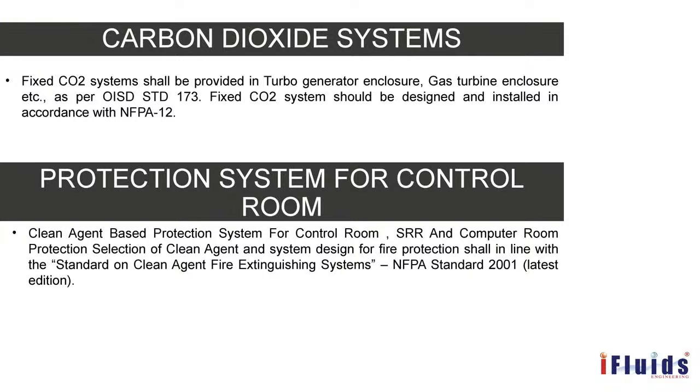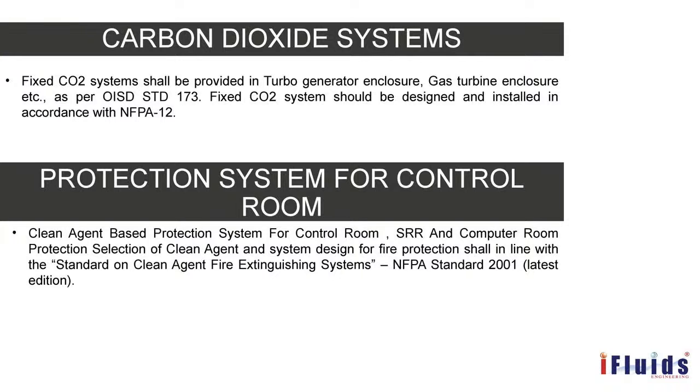The carbon dioxide system is required for turbo generator enclosures and gas turbine enclosures in line with OISD standard 173. OISD 116 asks to refer to OISD standard 173 with respect to the fixed CO2 system. It is applicable for turbo generator enclosures and gas turbine enclosures.